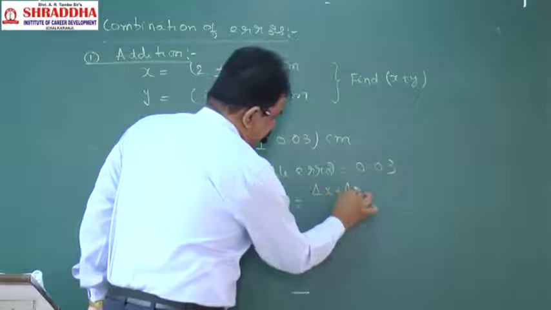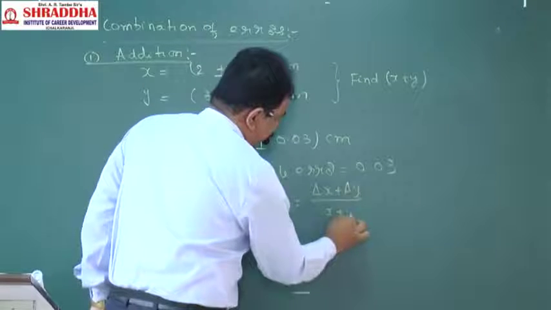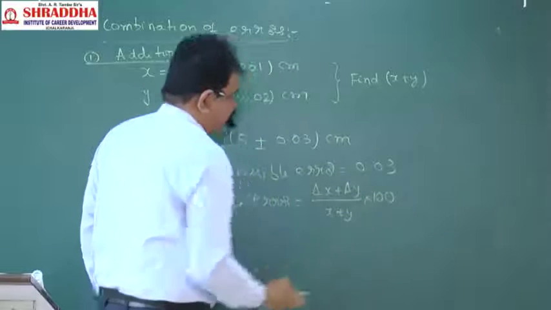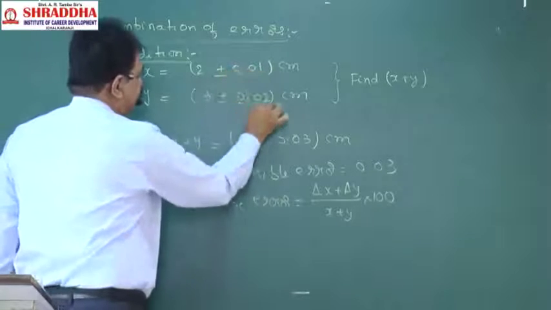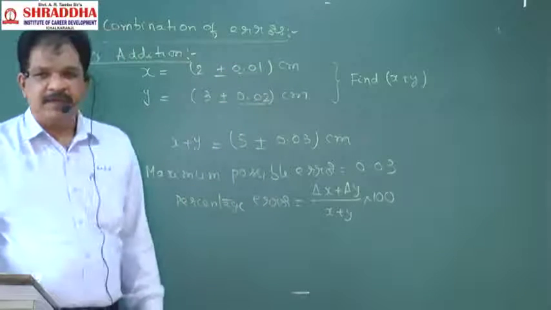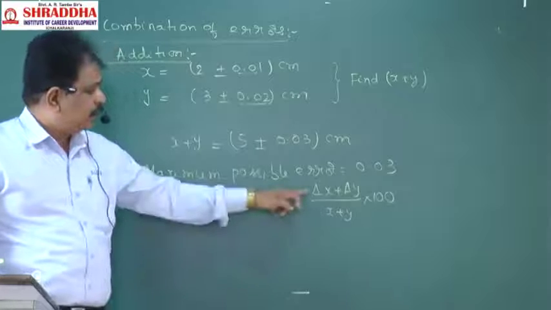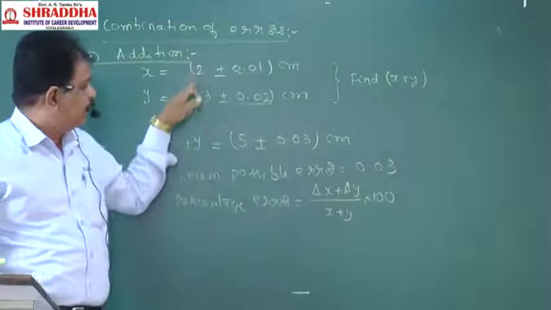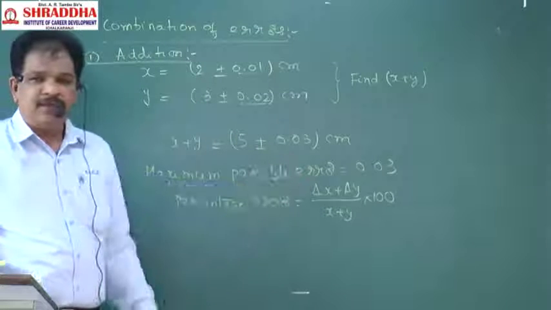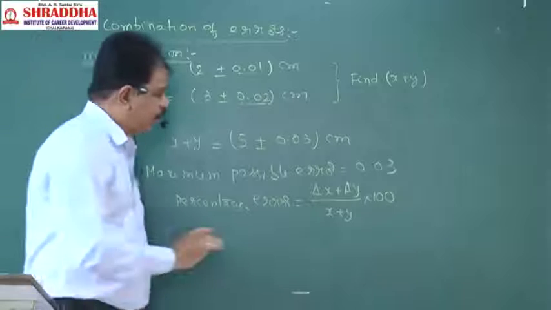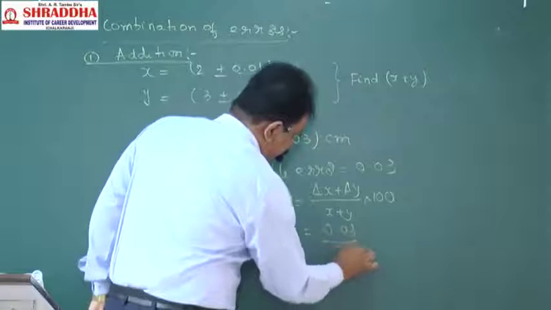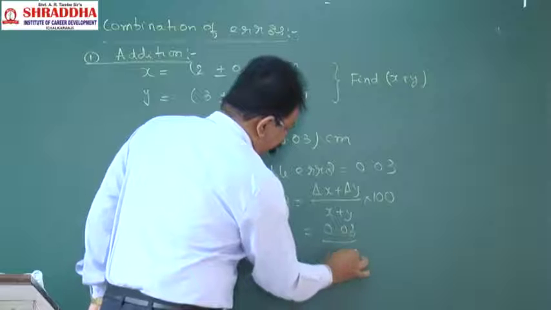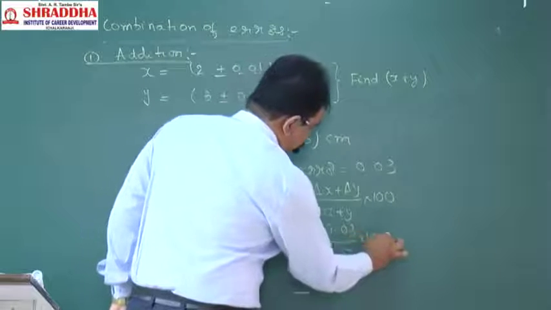Delta x plus delta y by x plus y into 100. This is delta x. This is delta y. Clear? Then how much will we get? 0.03 by 5 into 100.